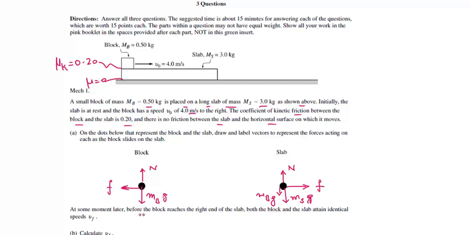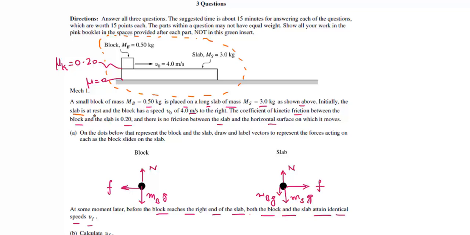At some moment later, before the block reaches the right end of the slab, both the block and the slab attain identical speed vf. Then you have to calculate the final speed. What you can do is consider this arrangement as a system.